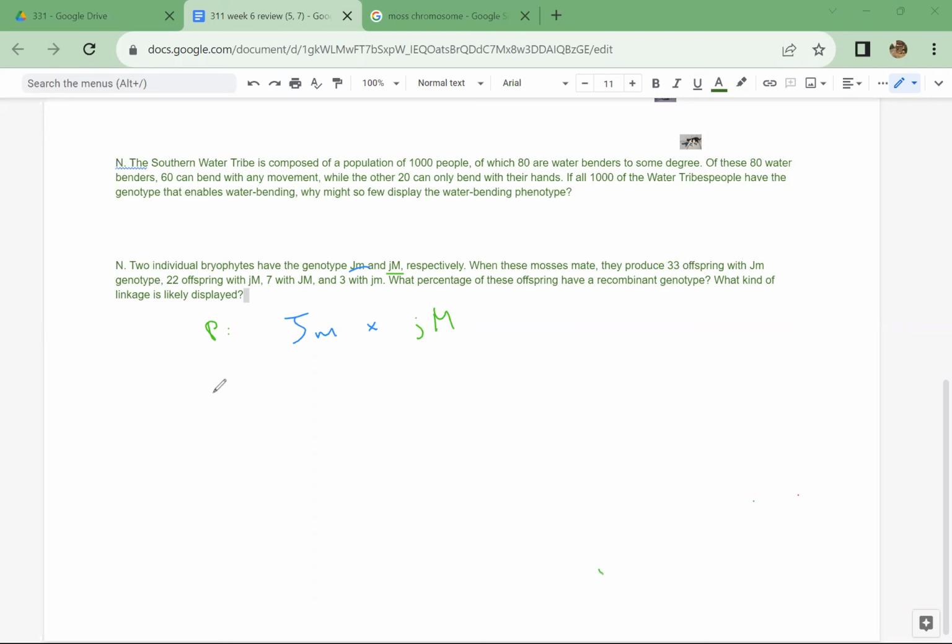So when they cross, you produce the F1 generation, which is 33 individuals: JM, 22 individuals are JM, 7 are JM, dominant at both loci, and 3 are recessive at both loci, JM. What percentage of these offspring have a recombinant genotype?